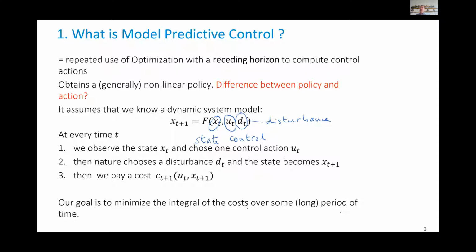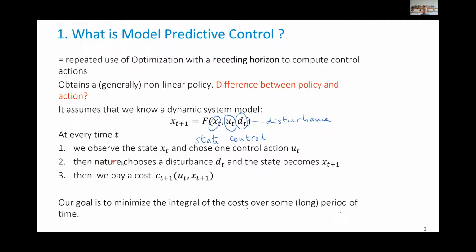If we're controlling a grid that has solar panels and we want to react very quickly to solar panel variations, we may need to do that every second or every few seconds. If we're controlling a heating system, the inertia of a heating system is huge, so we may want to do it every few minutes. So every time t, we observe the state, and we choose one control action.